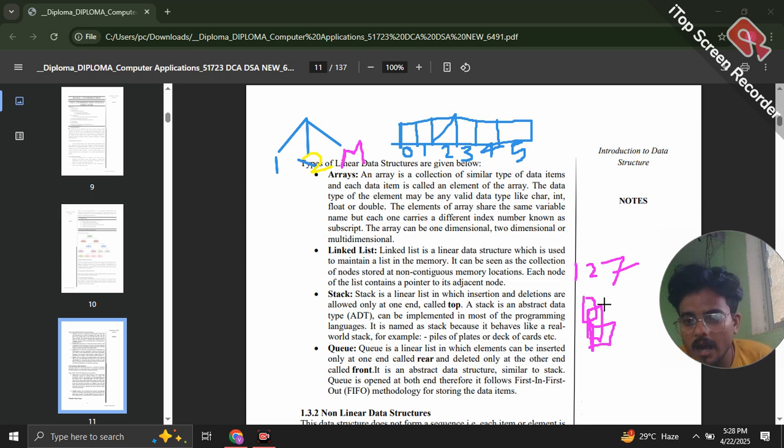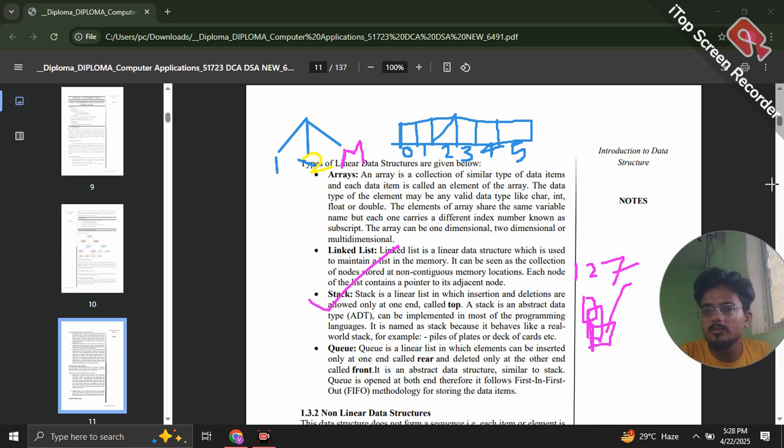When you play cards, the insertion and deletion start from one end. This is the top, and from here we switch the card, one upon another, another upon another. So this is a stack. So we completed stack.